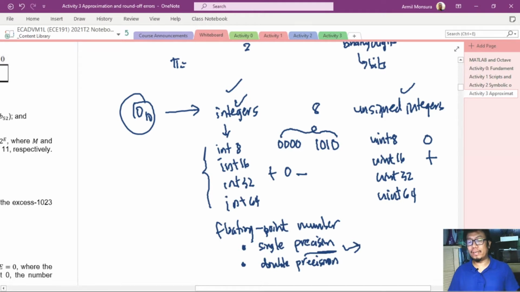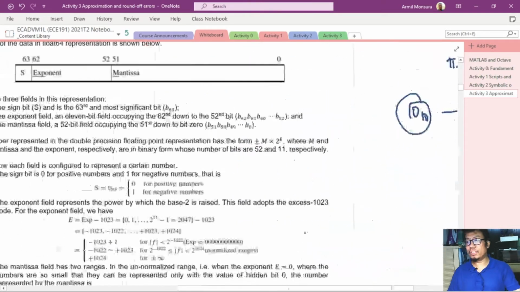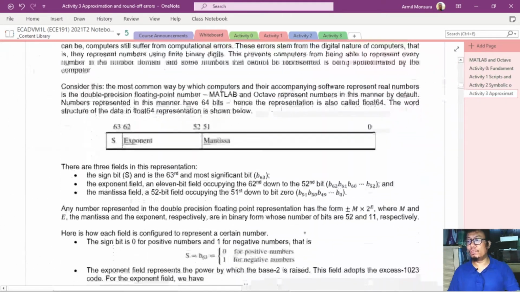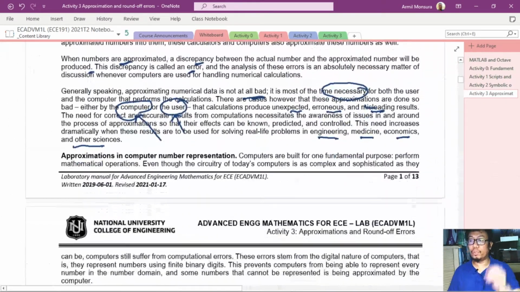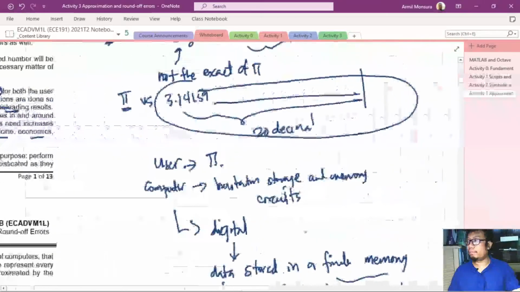Later on pag-uusapan pa natin siya, which would really give meaning to what precision means in the context of floating point numbers. But here what we would discuss is the double precision floating point numbers.